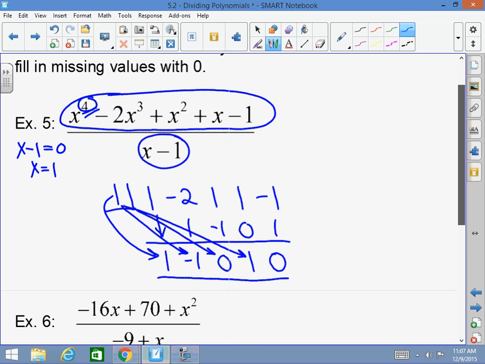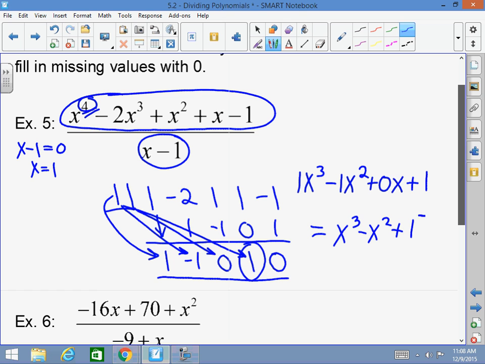So I have 1x cubed minus 1x squared plus 0x plus 1. That's my last one. That's my constant. And there's no remainder. Now I clean this answer up. It's x cubed minus x squared plus 1, because 0 times x is 0.